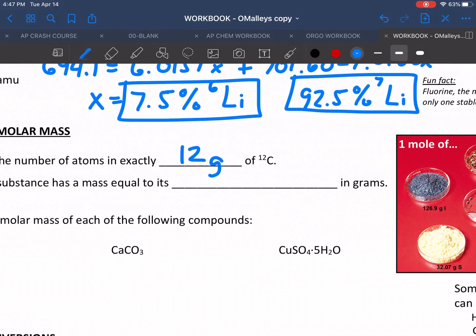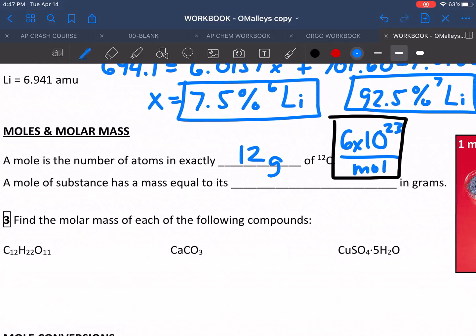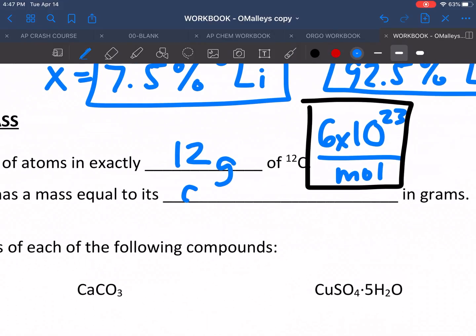There are 6 times 10 to the 23rd anythings in a mole of a substance. That is a quantity we'll use quite a bit. You probably saw that in your intro chemistry class, so I'm just reminding you here. A mole of a substance, if we scale it up, has a mass in grams equal to its atomic mass.